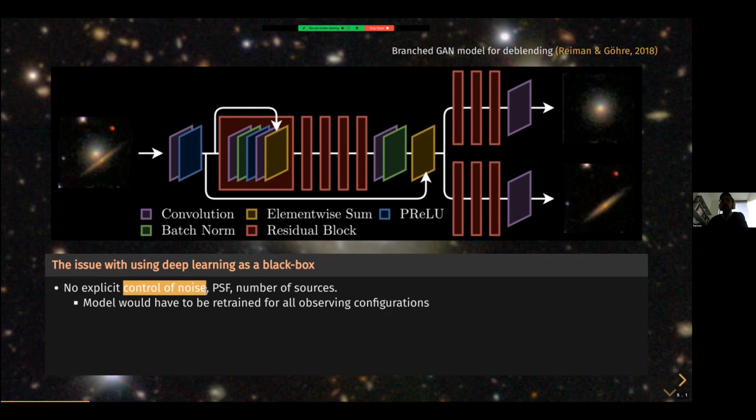For instance, you no longer have explicit control over the level of noise that you have on your image or the amount of blurring that you might have because of the instrument. And so if, for instance, your data quality changes for any reason, if you have more noise in your images than what you've trained your network on, then the network doesn't apply anymore, and it can potentially give you the wrong answers. So that's not ideal.